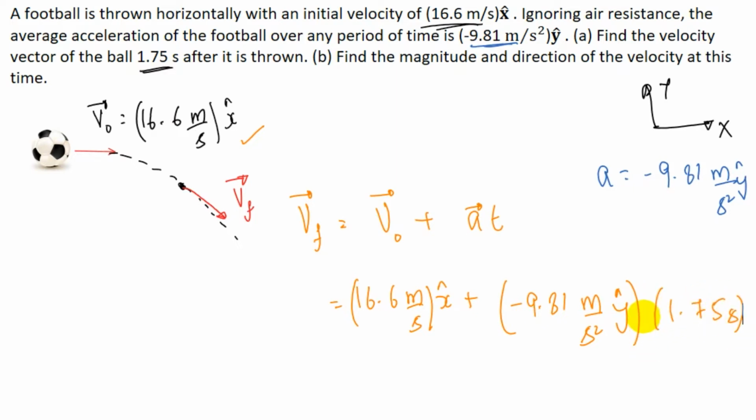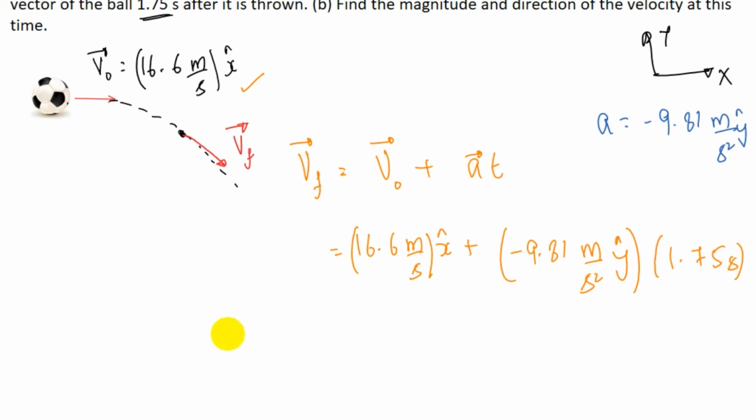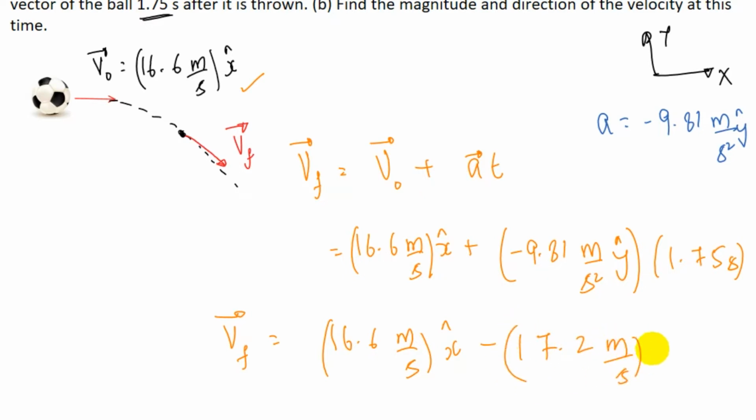Solving further, we get the velocity vector vf equal to 16.6 meter per second x cap minus 17.2 meter per second y cap. This will be the answer for the A part.